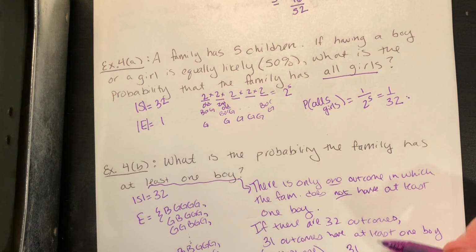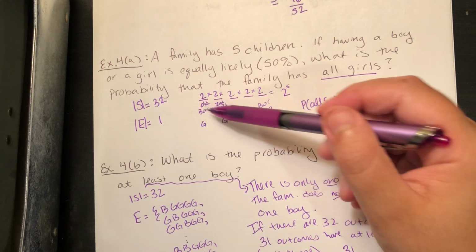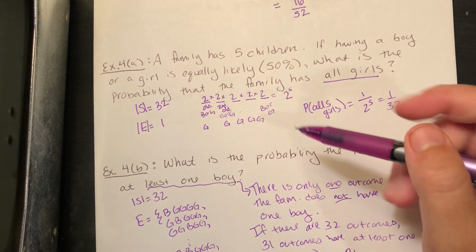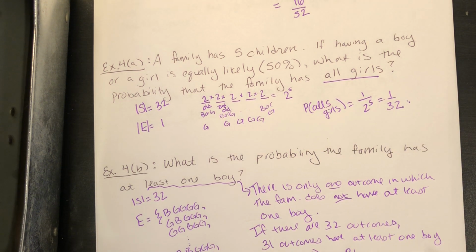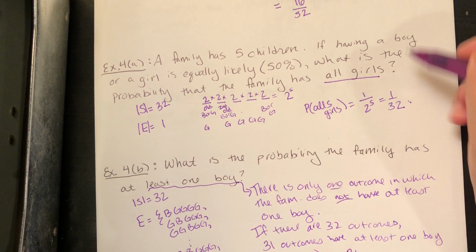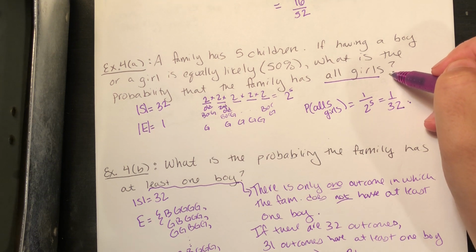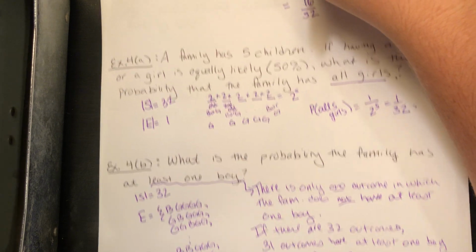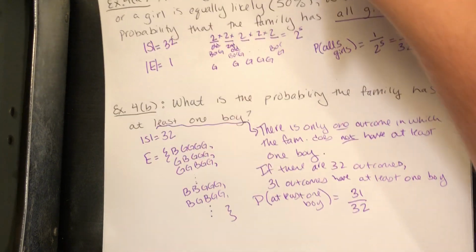What we're using here is the fact that in all of these 32 outcomes, we know that they're either going to have all girls or at least 1 boy. In other words, the event of having at least 1 boy, in some sense, is the complement of the event of having all girls.